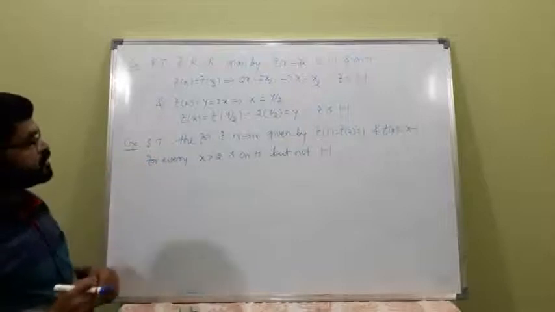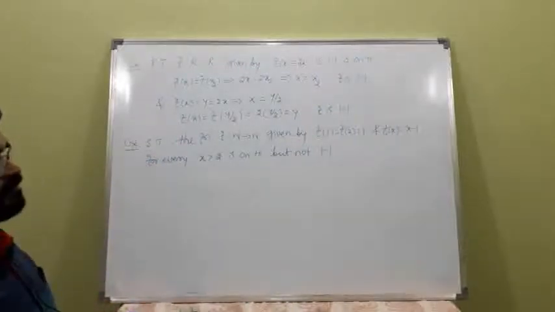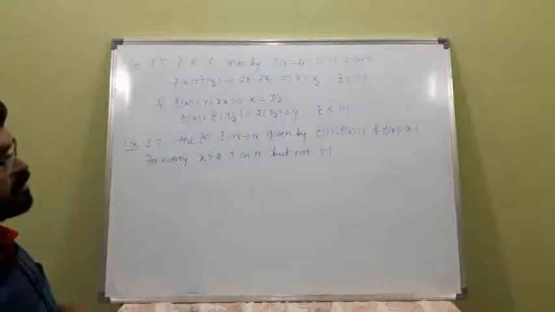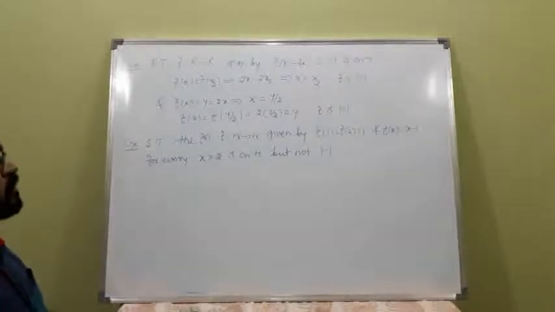Show that the function from N to N given by f(1) = f(2) = 1 and f(x) = x minus 1 for every x greater than 2 is onto, but not 1 to 1.